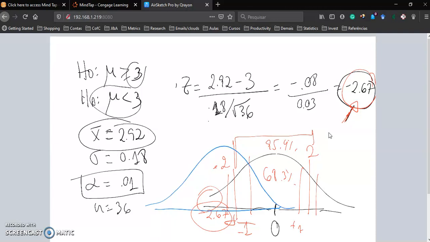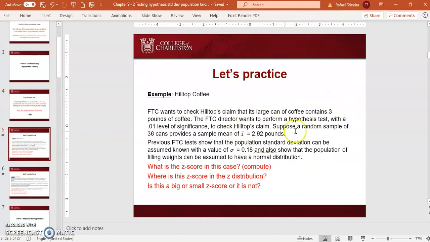It's very unlikely that this negative 2.67 is from this distribution. It's too small, so our conclusion is that it comes from another distribution, which makes us conclude that the cans of coffee are not filling on average 3 pounds of coffee. They're filling less. This is how we work with the hypothesis test.